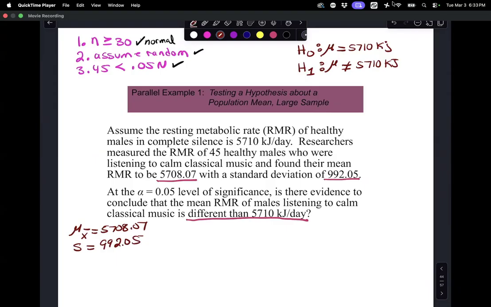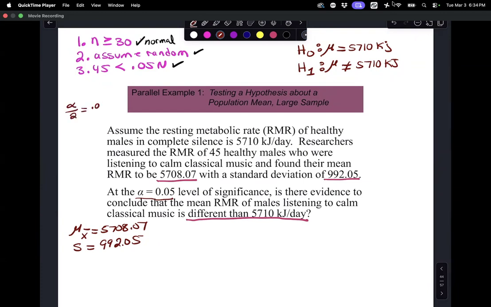All right. I'm going to go get my critical value. So remember, critical value is based on my n minus 1. My n is 45, so I'm going to use 44. Now our alpha is 0.05, but this is a two-tailed test. So I'm going to use alpha divided by 2.